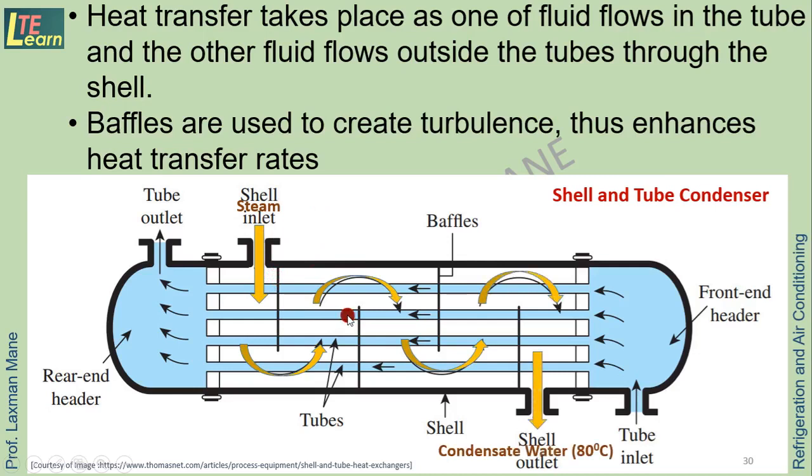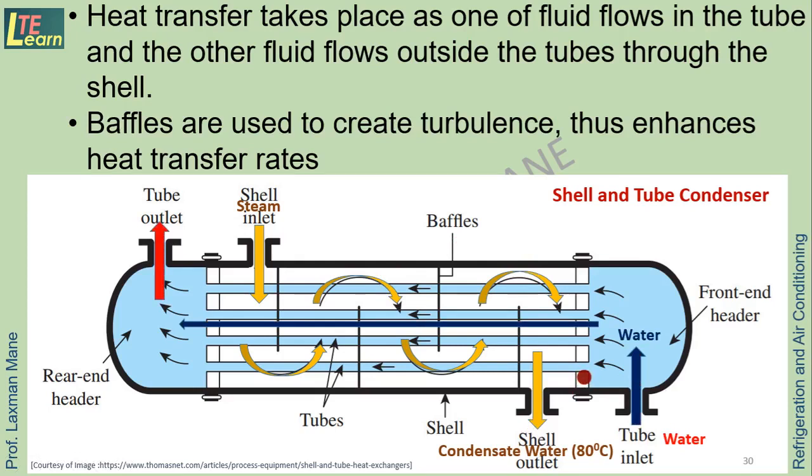It is condensed when it comes in contact with this water, so this water is coming out. So there is a heat exchange between steam and water. Baffles are used to create turbulence, thus enhancing heat transfer rates.